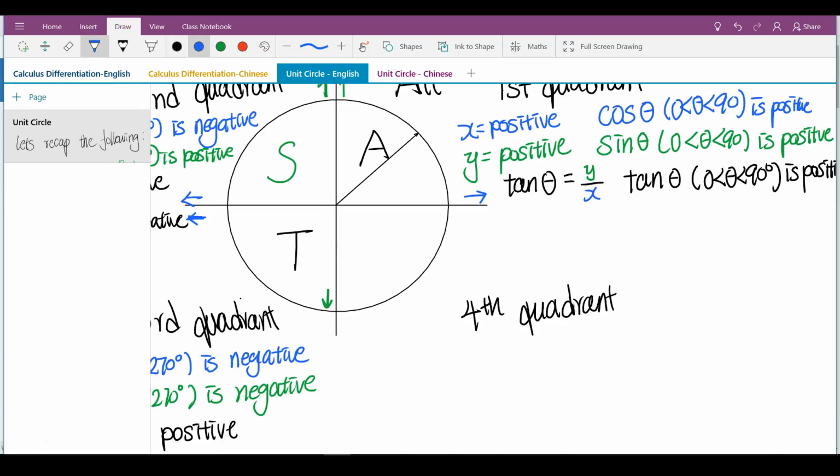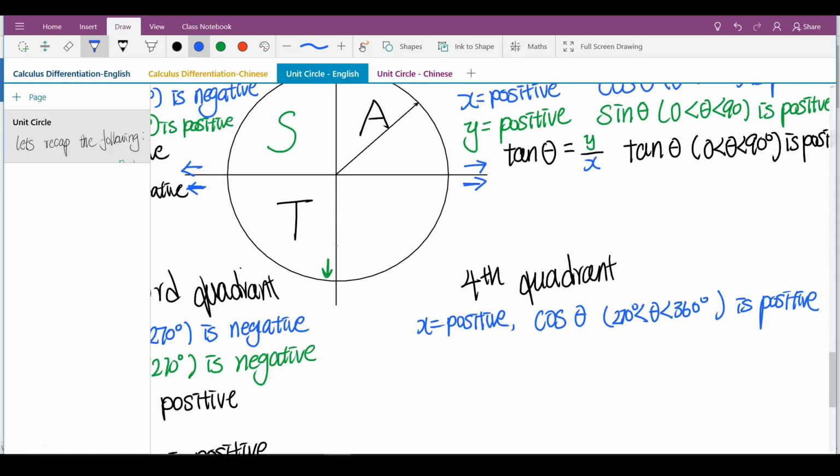When it comes to the fourth quadrant, our x value has finally returned to positive. All the x values are positive. Therefore, cosine theta, given that theta is less than 360 degrees and bigger than 270 degrees, is positive.